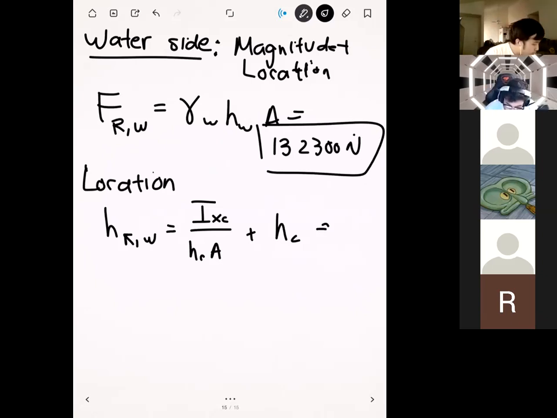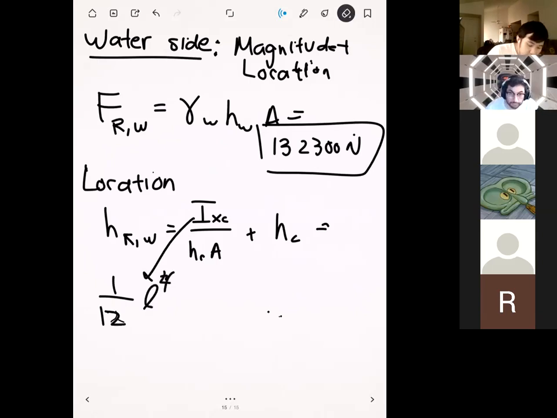For a square, IXC is equal to 1 over 12 L to the 4th, where L is the length of the square. You plug everything in, and you get HRW equal to 2 meters.